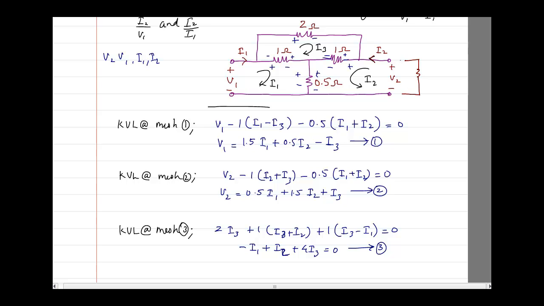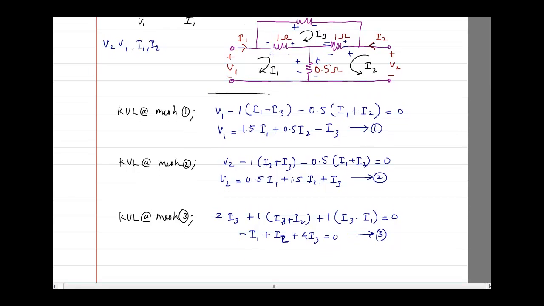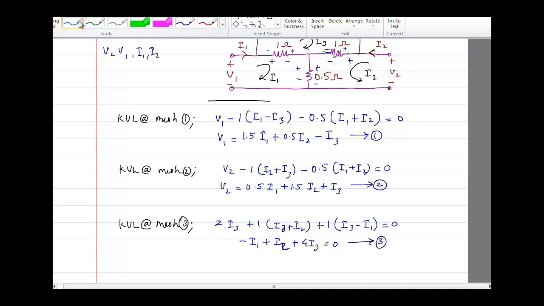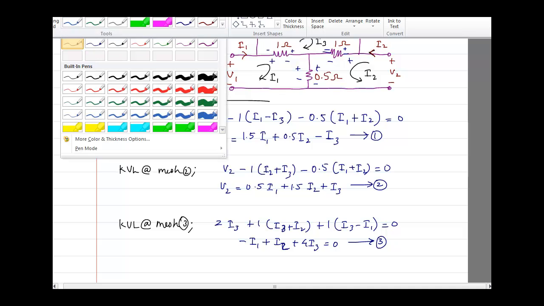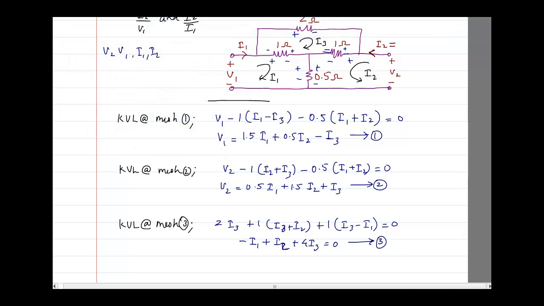If there is some element attached here, then we will do it in a slightly different way. That I will explain a little bit later, so let us keep that aside. If it is like this, then this is important, we know that I2 is going to be taken as 0. We always take I2 equal to 0 because no current is flowing there.